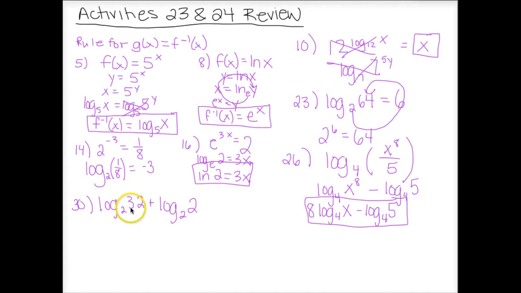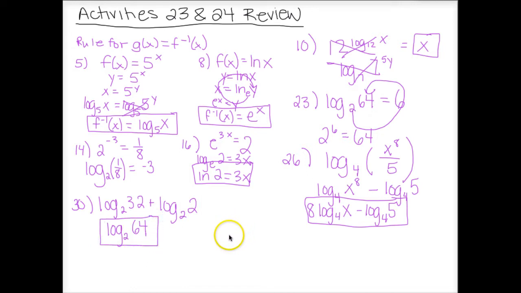So when you do this, you should know, this is the only property we haven't reviewed, we reviewed 2 of the 3, that when you have addition of multiple logs, as long as the bases are the same, you can condense that into a single logarithm using multiplication. So 32 times 2 is 64. Yes, I know that you could evaluate that, but the directions did not ask you to evaluate. It asked you to write it as a single logarithm. So this is all you need to do there.